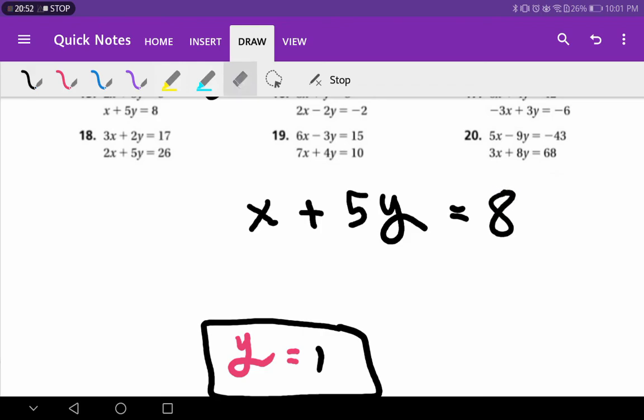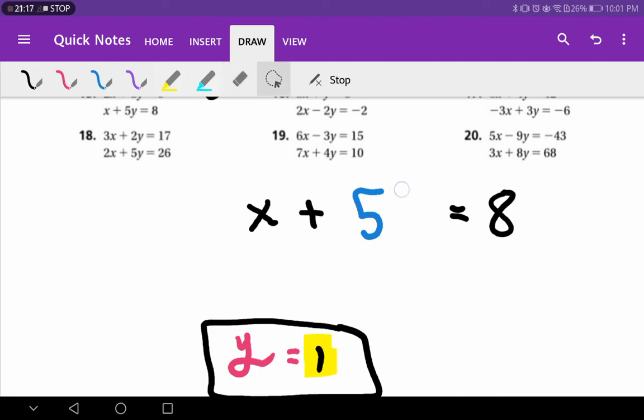I replace the y by 1, so I remove it and multiply by 1. This gives me 5. Now x plus 5 equal 8.